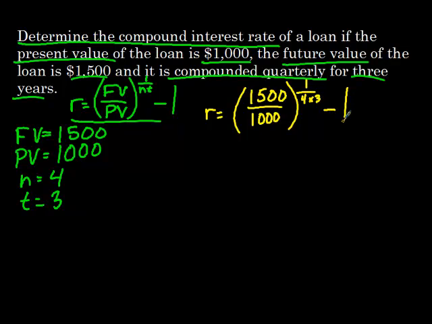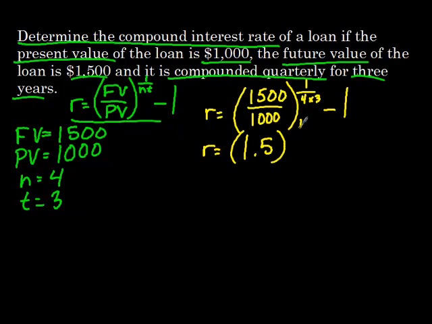Okay, this problem looks a little bit tricky. You're like, huh? Raised to the 1 over 4 times 3 power? What's that mean? It just means we have a decimal as an exponent, which our calculator can do as well, which we will get to in just a moment, but you raise it to a power just like we did in the last problem. So we start breaking down everything we have. 1,500 divided by 1,000, you can do that in your calculator, you get 1.5.